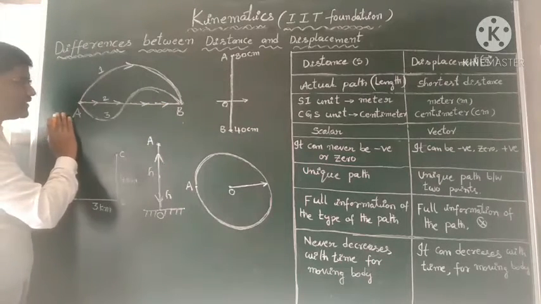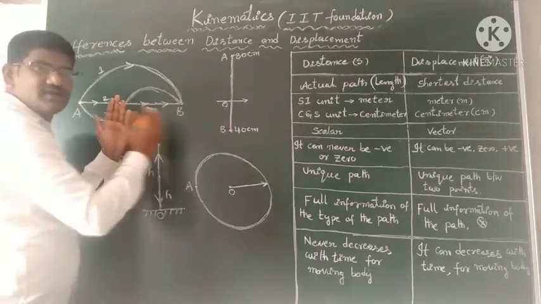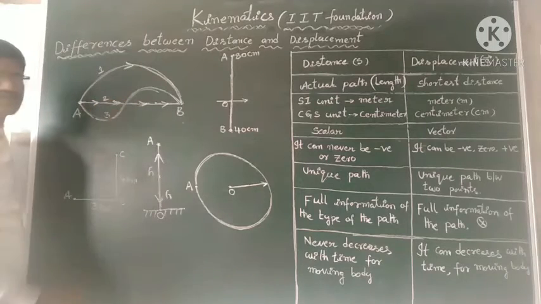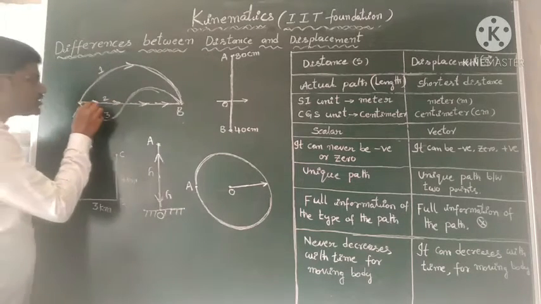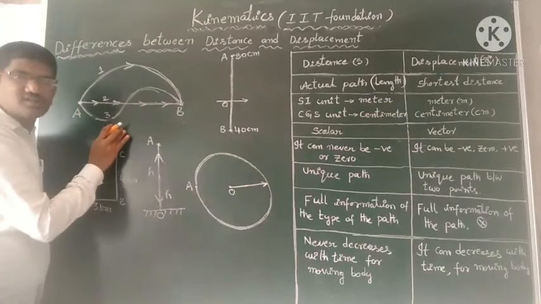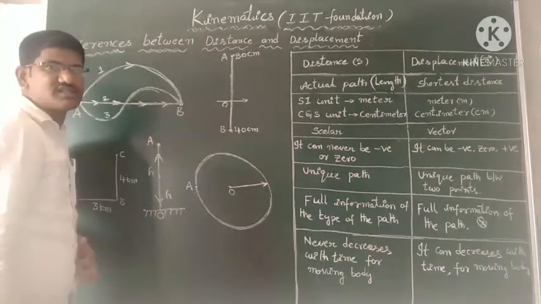Our direction is from my left to right. So we are moving in a specified direction. This is also one of the paths, and this is the shortest path. No path other than this can be shortest.